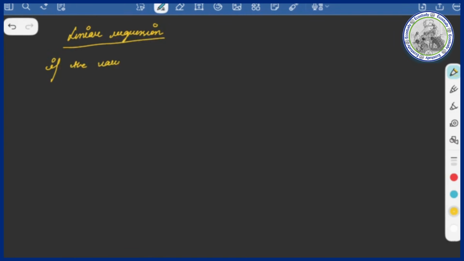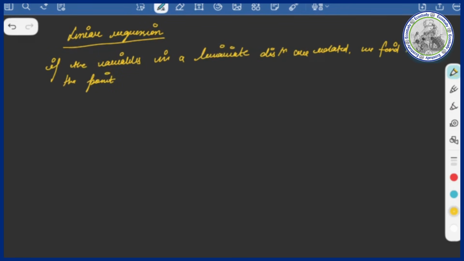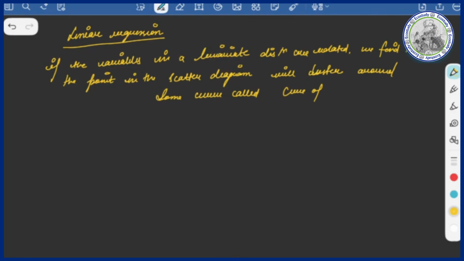So if the variables in a bivariate distribution are related, we find that the points in the scatter diagram will cluster around some curve called the curve of regression. Okay, now, if the curve of regression is a straight line, then it is called linear regression.